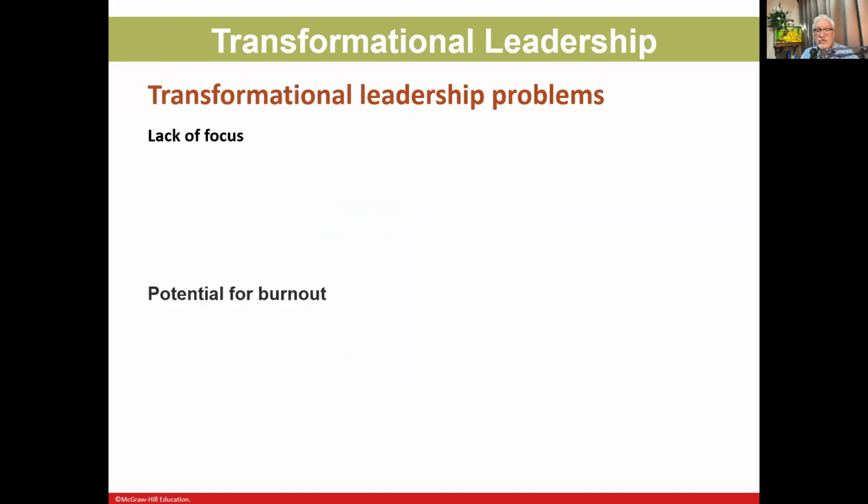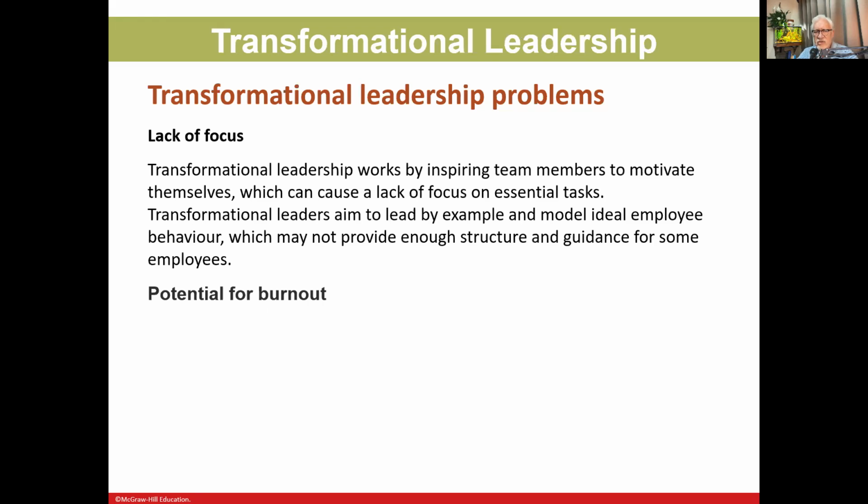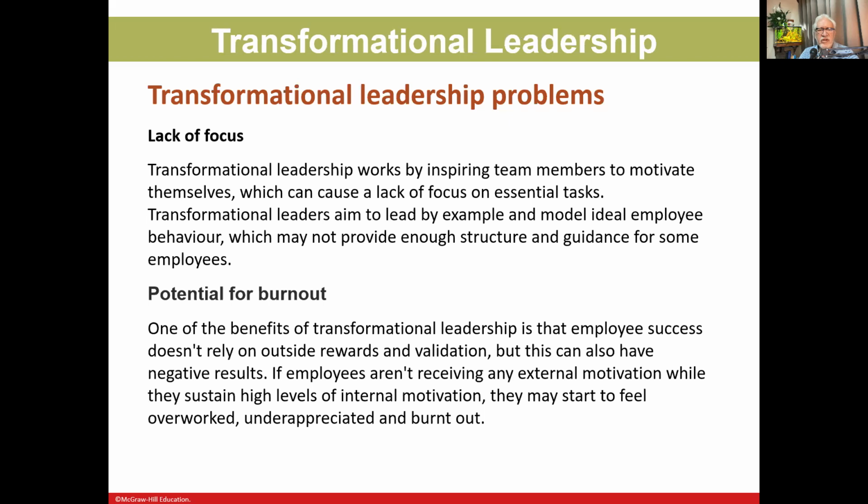The problem with transformational leadership is that this transformation is a bit airy-fairy. There's just a lack of focus. It's a bit of a problem. And there's the potential for burnout. People can just be overworked. They can be driven to perform because they're so motivated, much like the motivation which the cultish charismatic leaders achieve, but it's not sustainable.